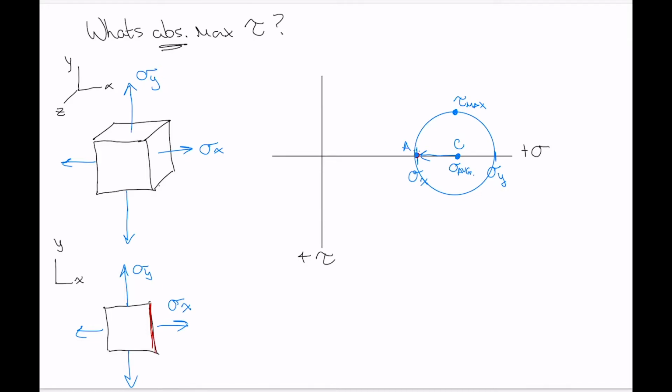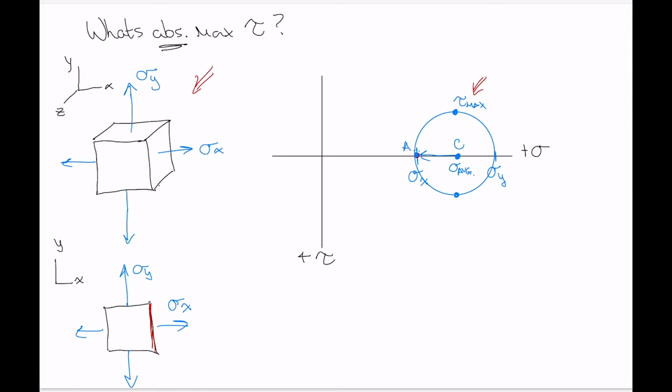Now what I want to show you is that for a point in a material that's under a stress situation like I've just drawn there, this value of tau max is not actually the largest shear stress that occurs, even though it's the largest value of shear stress on Mohr's circle.